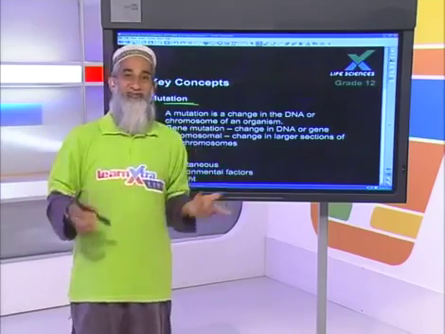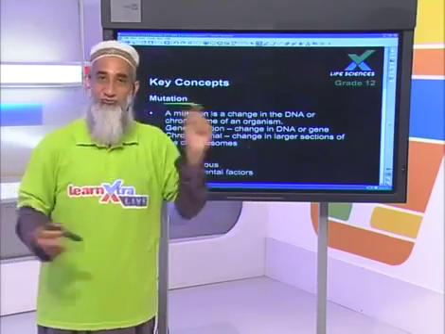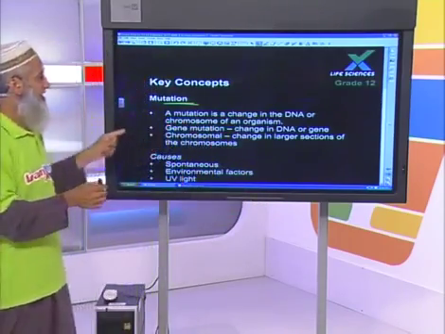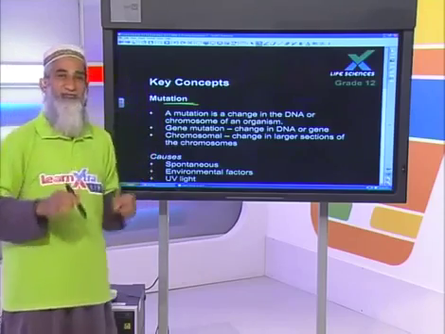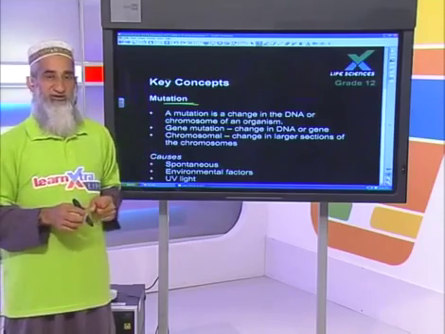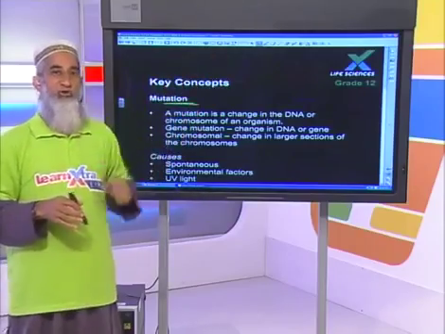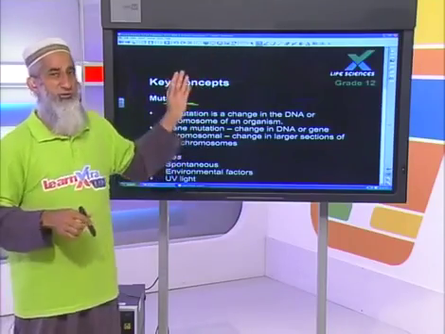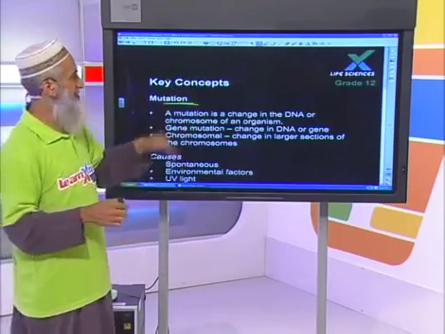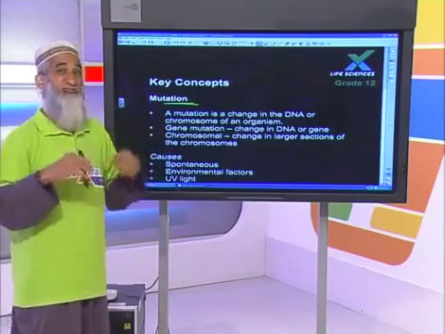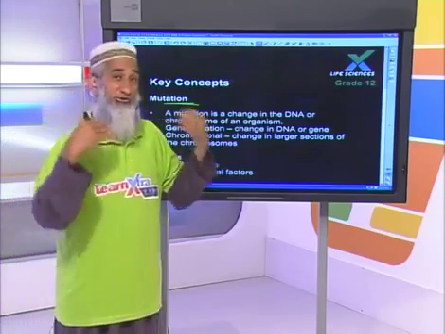So what happened? Something went wrong. Mutation. Something goes wrong. So a mutation is when something changes in this process that we are talking about, whether it's in DNA replication, whether it's in protein synthesis, or whatever we're talking about. Something can go wrong with the code.